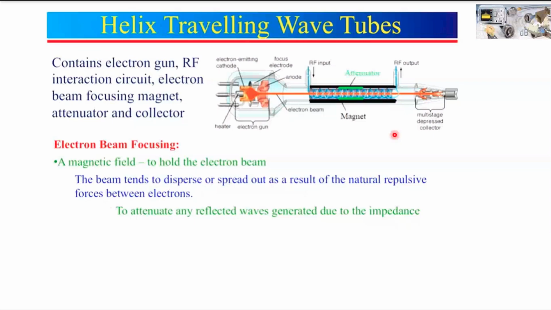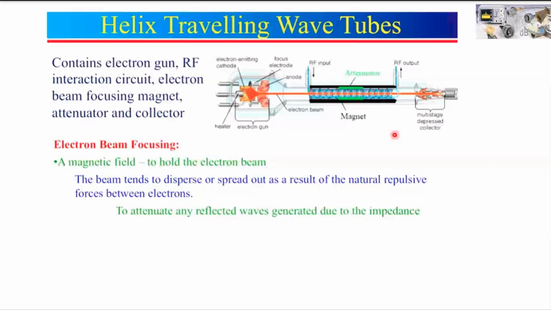The answer is the helix type structure, which is the most frequently used structure for making traveling wave tubes. So this is one question which is asked in your GATE examination.